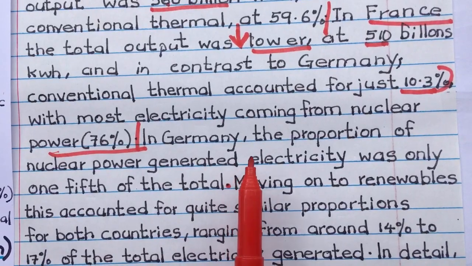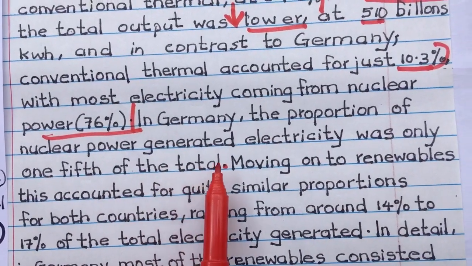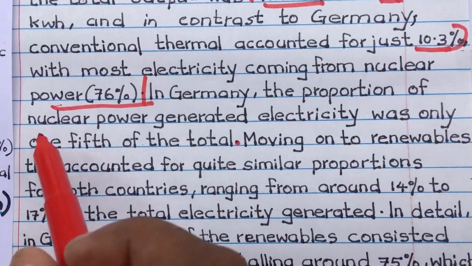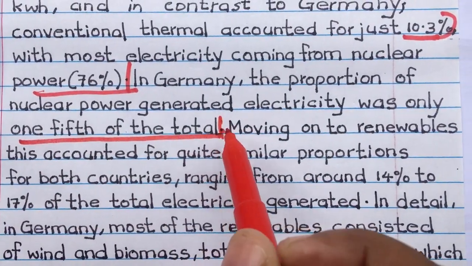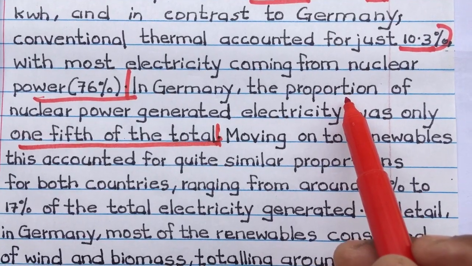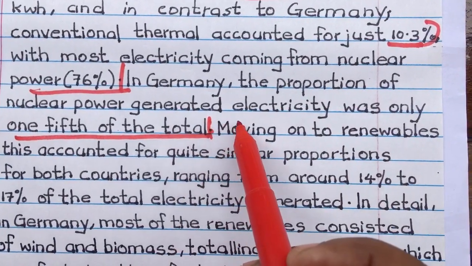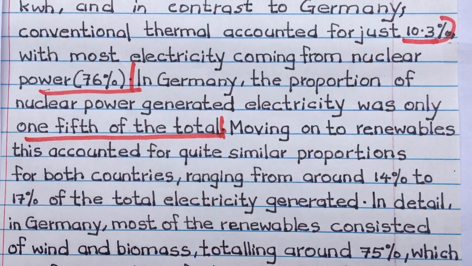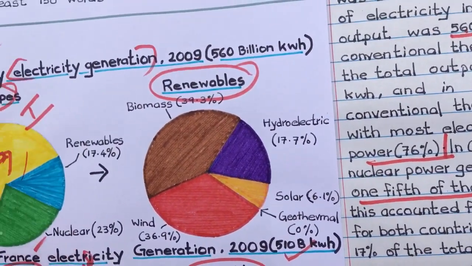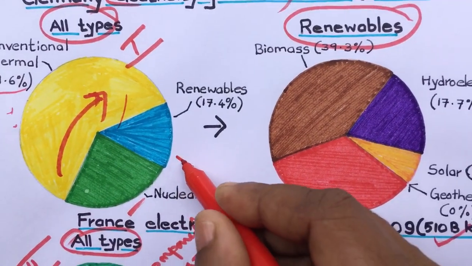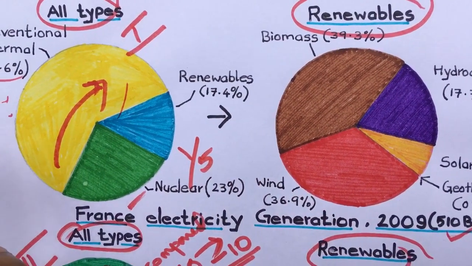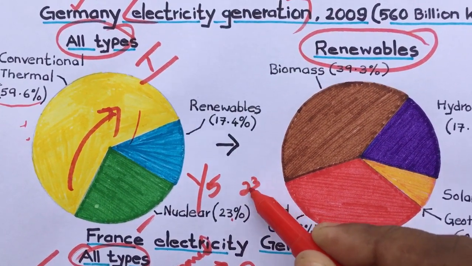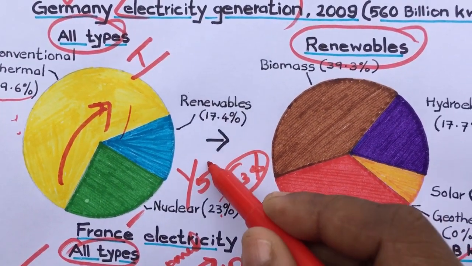In Germany, the proportion of nuclear power generated electricity was only 1/5 of the total. Okay. So what it says is about the proportion of nuclear power generated electricity. See here, you can see why I am saying 1/5. Because the total is almost 60%. How much is it? 23%. So it is obviously 1/5.